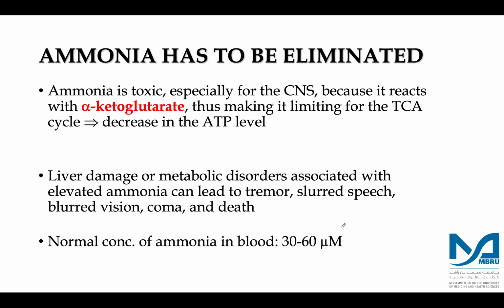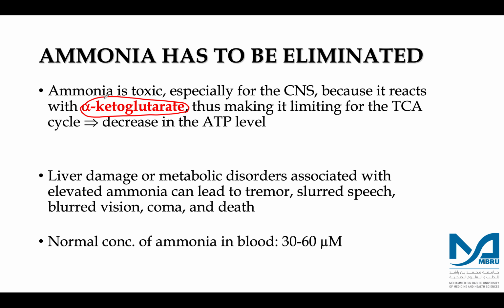Now, what is the basic mechanism of ammonia toxicity? In our lecture on the TCA cycle, we talked about alpha ketoglutarate, which is one of the key metabolites, and it is acted upon by the enzyme alpha ketoglutarate dehydrogenase, and the citric acid cycle continues. Ammonia reacts with this particular metabolite.